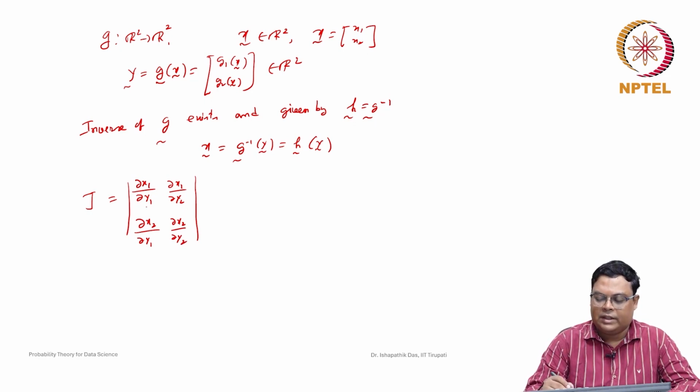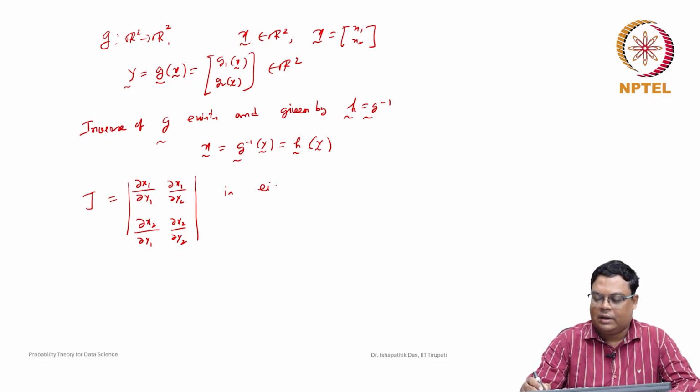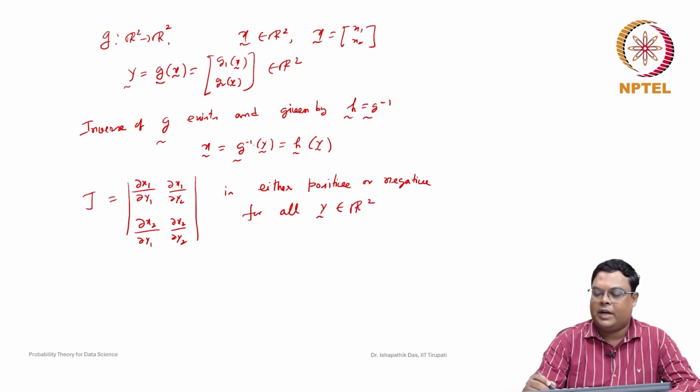Now if you consider the determinant of the Jacobian matrix, which we denote by J, it is either positive or negative for all y belonging to R2. We can consider all possible values in the range of y, but here I am writing y belongs to R2.